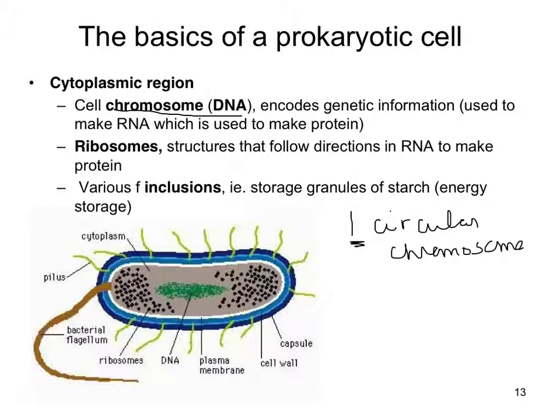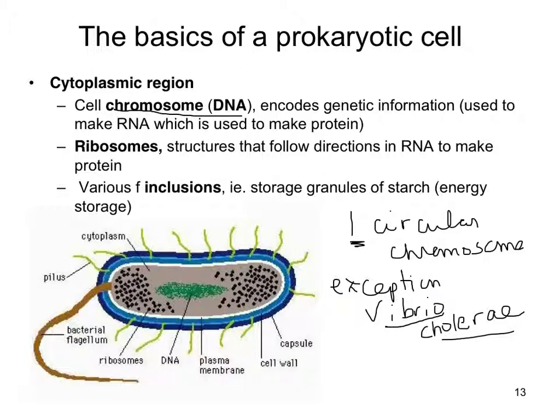Now there are exceptions to that, and an exception that's really medically important is Vibrio cholerae, a gram-negative pathogen that causes cholera. It has two circular chromosomes, and they're not identical. They're not a pair, they're just two chromosomes.